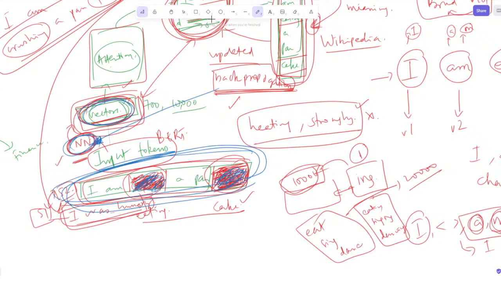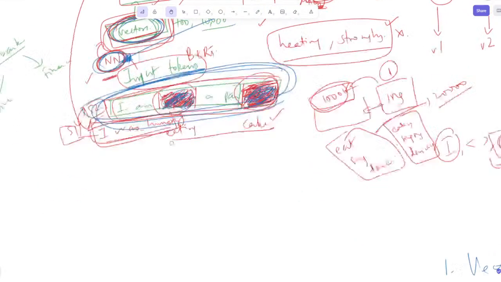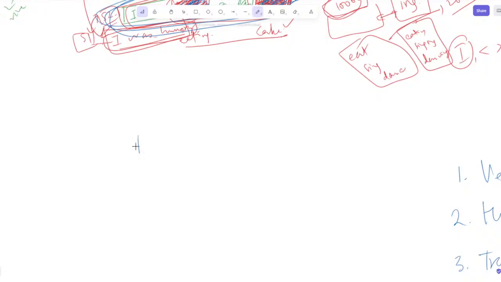Let me say that if I say, I went to the mall to get groceries, and I start masking stuff out, so if I get rid of mall, then as humans, you will know that this is either the shop or the mall or the market, something which makes sense.